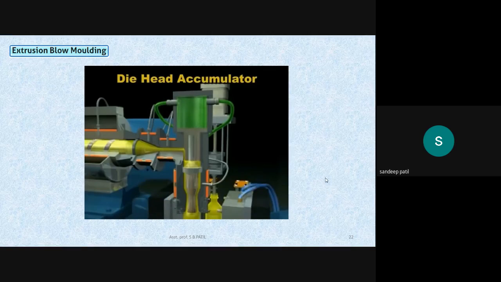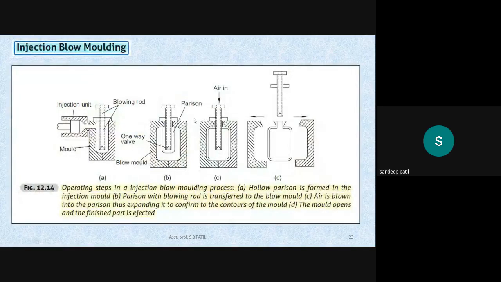Moving to the next slide, that is the injection blow molding process. Let us see the operating steps in injection blow molding. Instead of the extrusion unit, there is an injection unit.